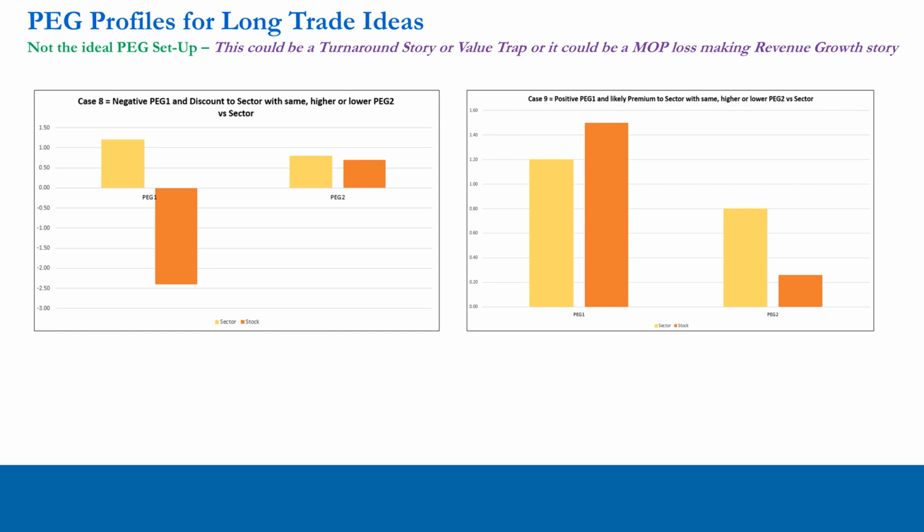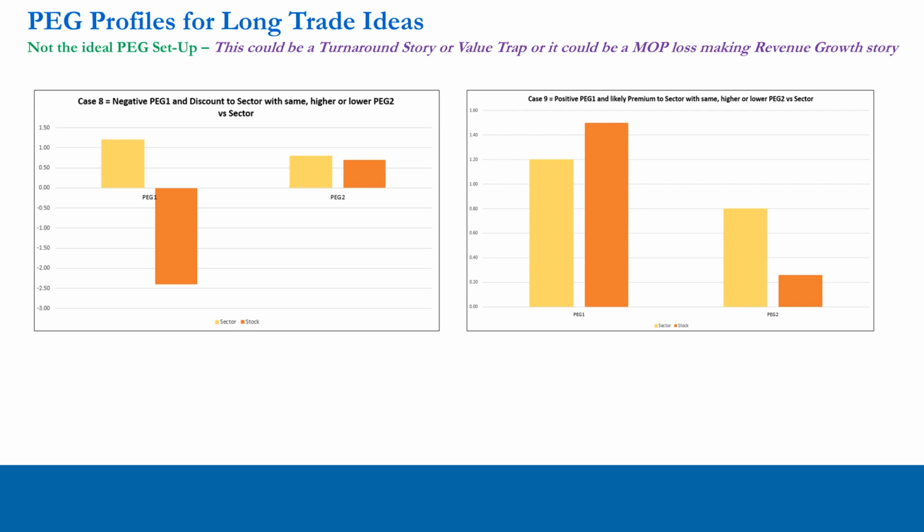And because for case number 8, this is a turnaround story, when we look at PEG 2 for the stock relative to the sector, the numbers can of course be slightly off or quite wild. So we don't put as much emphasis on the importance of PEG 2 for a turnaround story when comparing it relative to the sector.